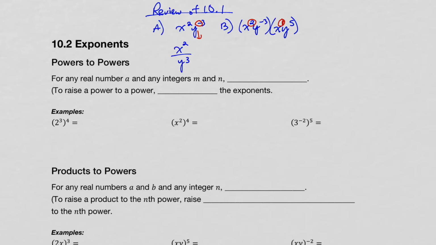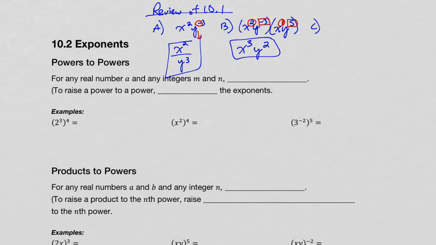So that's going to be x to the third power, and then the y is going to be negative 3 plus 5. That is a positive 2. Okay, so basically just deal with it in one step.